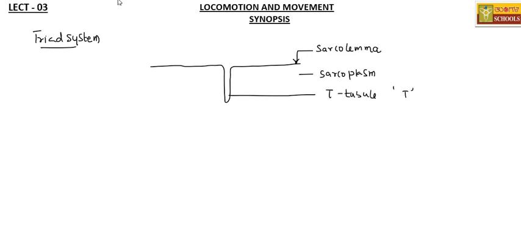Here the T stands for transverse tubule. Now on either side of this, it has the endoplasmic reticulum, and we know muscle cells have a special type of endoplasmic reticulum called the sarcoplasmic reticulum. So you will find the sarcoplasmic reticulum on either side of this T tubule.